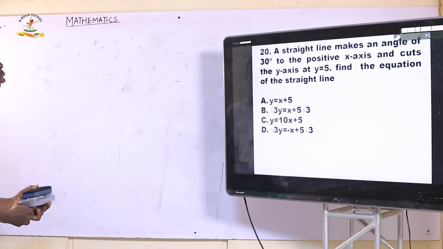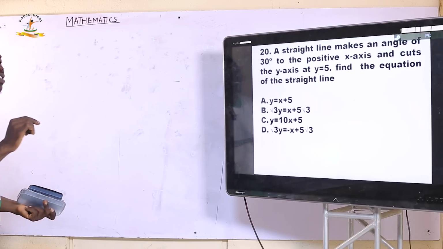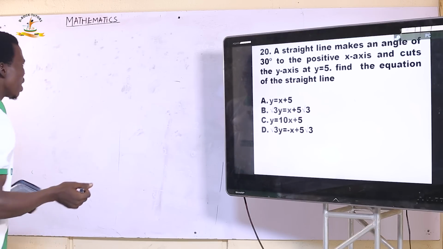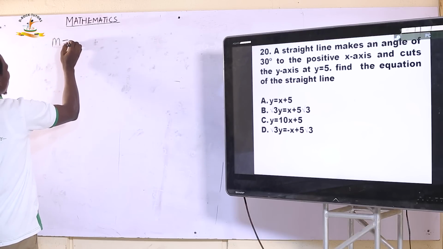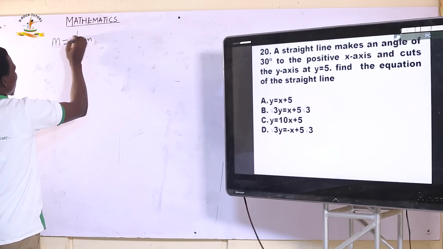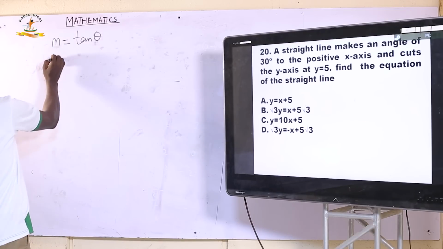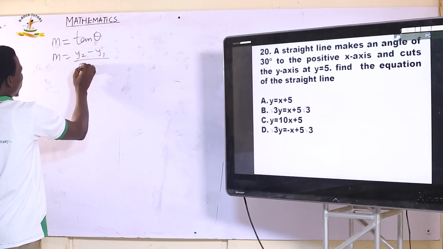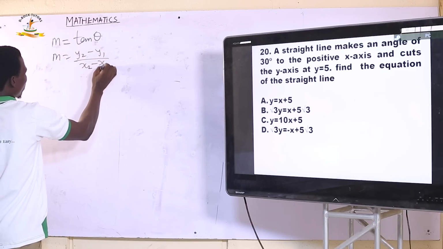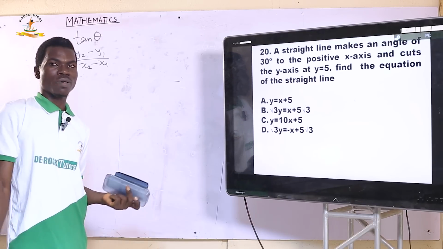So we have that the angle made with the positive x-axis is 30 degrees. Our slope m equals tan theta. That's another way of writing slope. Maybe you are used to slope m equals y2 minus y1 all over x2 minus x1. Yes, that is also correct when your values are given.